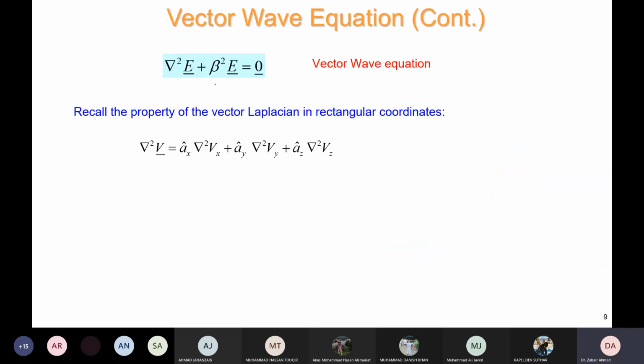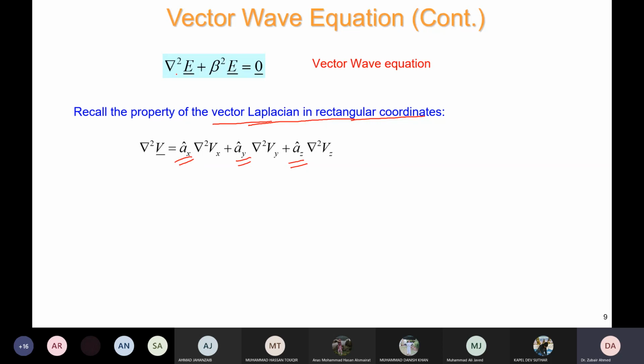Next, we have this vector wave equation. Please note that the vector Laplacian in the rectangular coordinate system will have three components: an x component, a y component, as well as a z component.